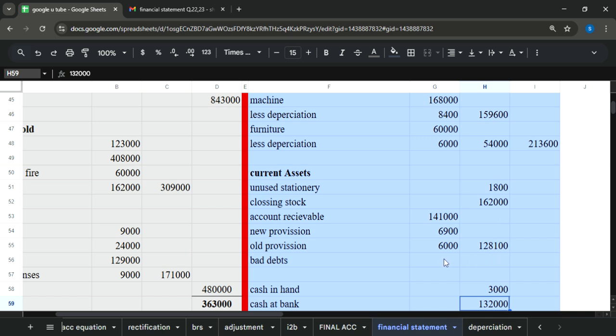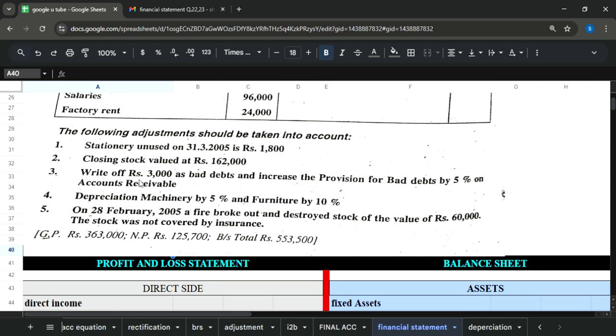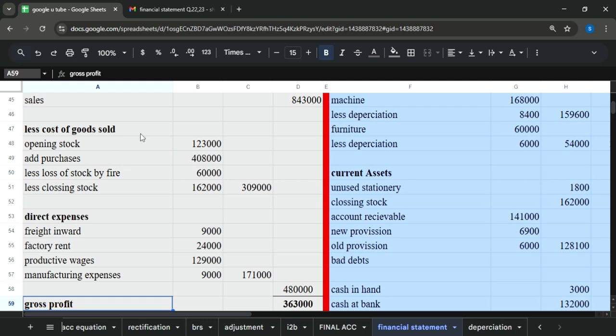Please note bad debts are not present, and the bad debts given in your adjustment, look, write off as bad debt, these are also bad debts, but these would be considered as additional further write off or new bad debts. But in our formula we were in need of only bad debts. That means these were old bad debts, and these were supposed to be present in the trial balance, but the amount is not given, so the final answer is present over here.